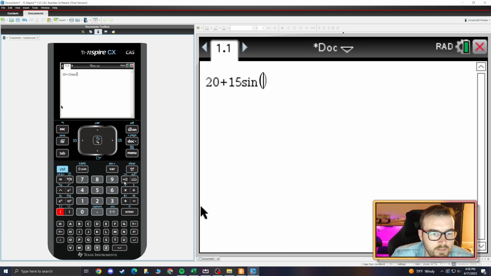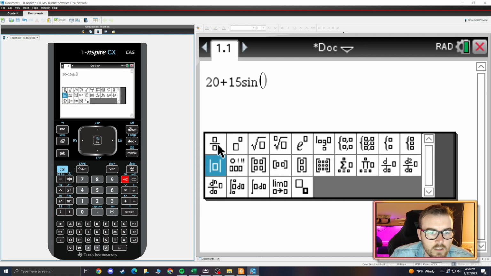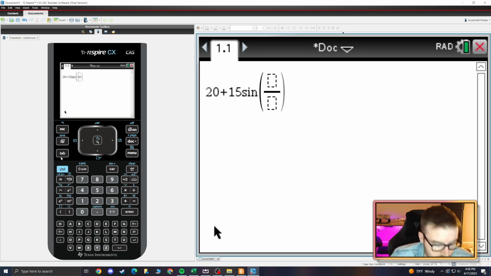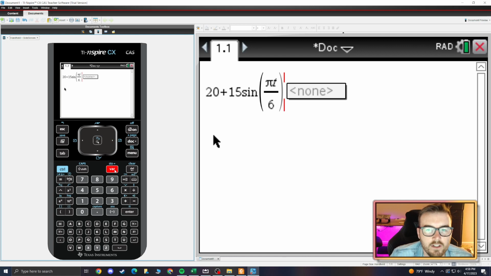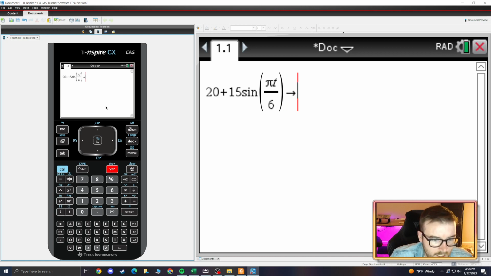If you click the button beside the 9, you get this, and you can click on the fraction button, which is kind of nice, and get pi. And where is pi? Pi's right here. Lovely. Pi t over 6. And let's of course close that parenthesis. And then I'm going to store this as E of t.